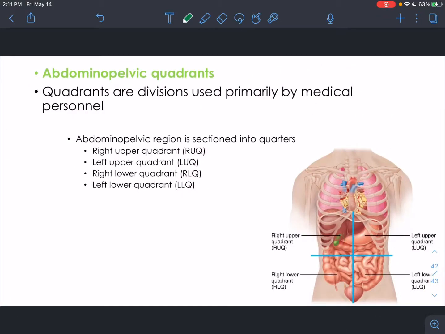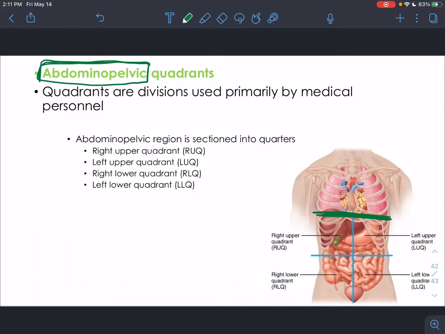Okay. Then just a few more slides. We also have fancy anatomical ways to divide our abdominal pelvic cavity. Okay, so remember, abdominal pelvic cavity is below the diaphragm. So if you look at our abdominal pelvic cavity, there's a lot going on. So we have these different quadrants that medical professionals divide this cavity into to try to help describe where certain things are happening.